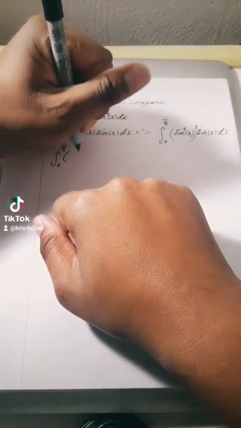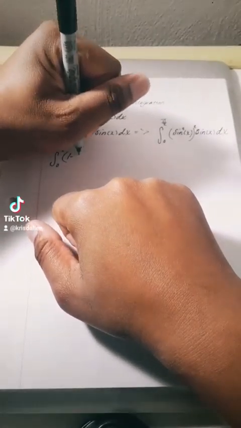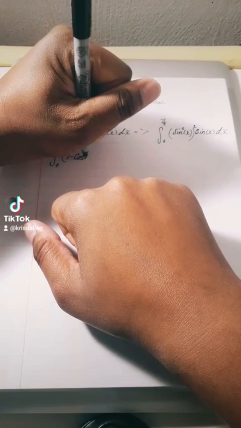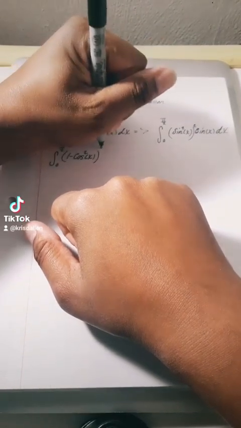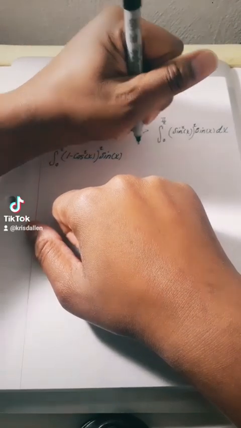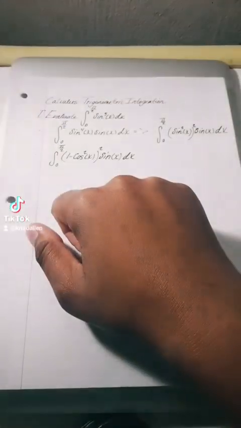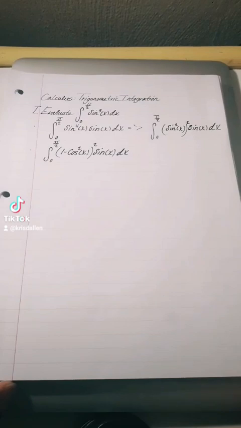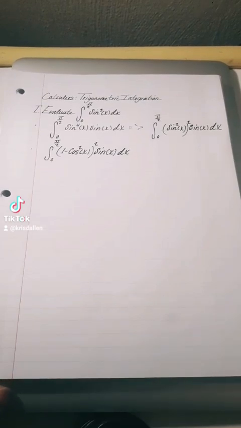Remember that sine squared of x is just going to be 1 minus cosine squared of x, because remember the Pythagorean identity: sine squared of theta plus cosine squared of theta is equal to 1. In this particular case it would be x.